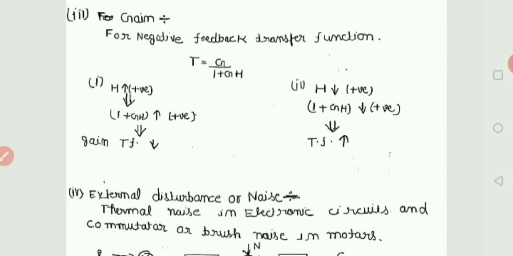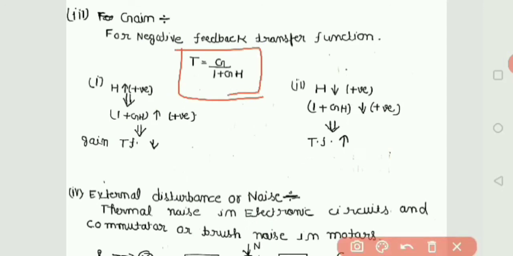Next term is gain. We know that T equals G over 1 plus GH, and if the feedback signal is positive, then the 1 plus GH term is also positive, and we can say that our gain is decreasing.